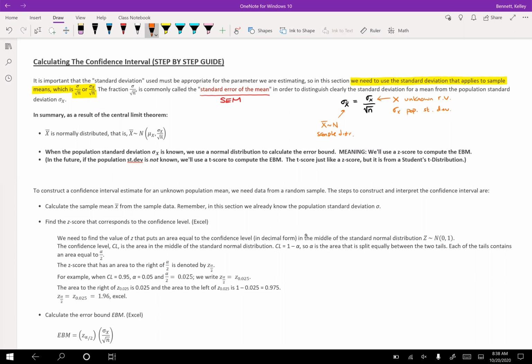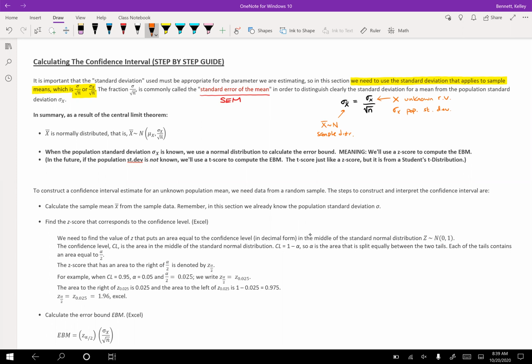And you're like, okay, wow, this is a lot. So what we're going to do, and I feel a little bit more justified now when I'm telling you that they're just renaming this something else, I think it actually helps. We're just going to consider that sigma sub X bar is just the standard error of the mean instead of calling it the sample distribution standard deviation.